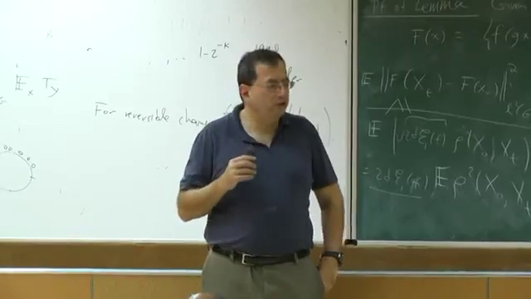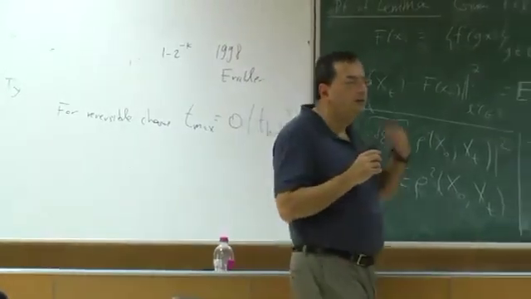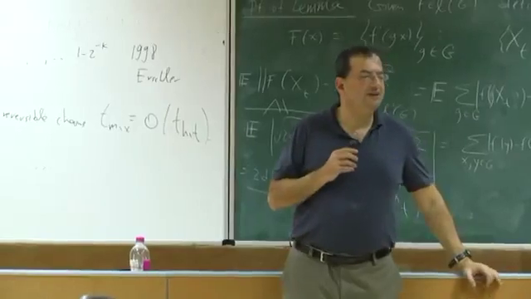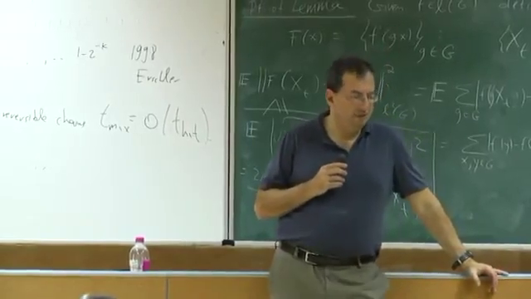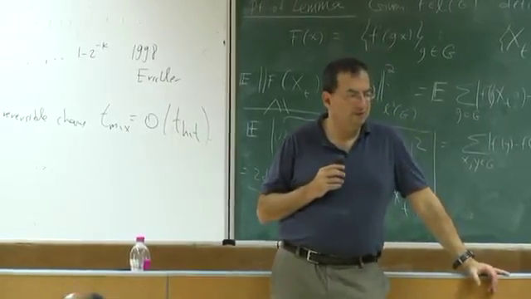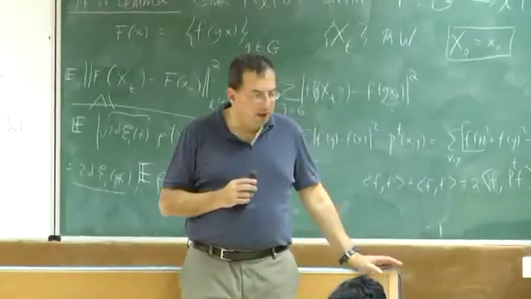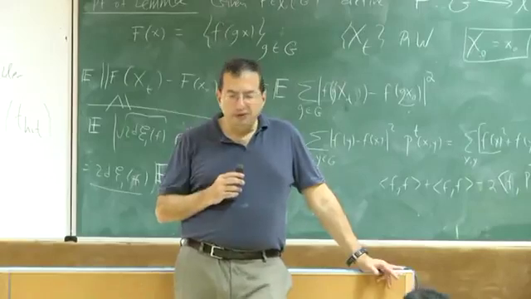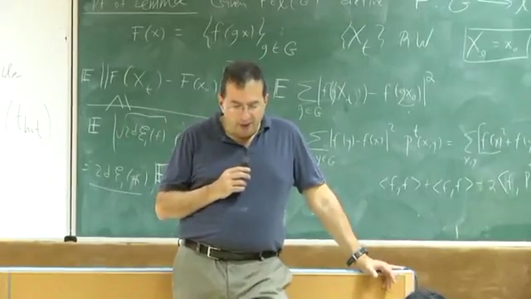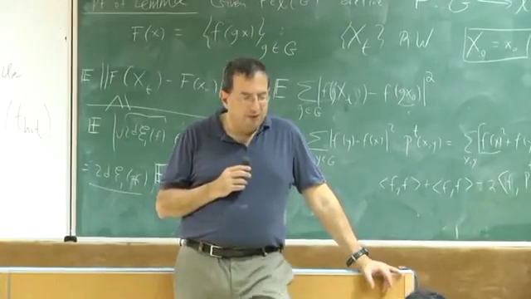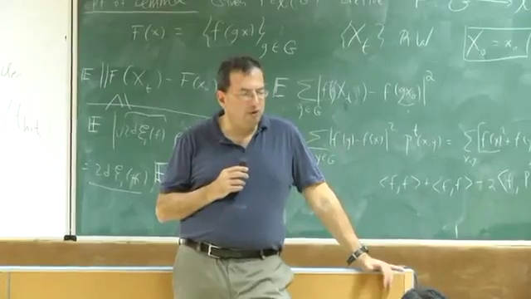Anything else? Manju? Can you speak louder? So, in the infinite case for these proofs, are they completely different? So, there you have to distinguish the amenable and the non-amenable case.